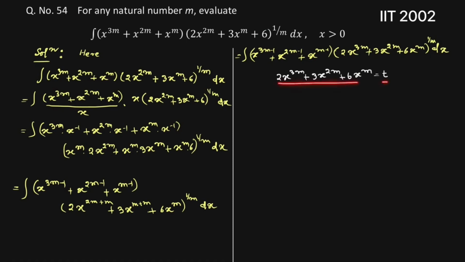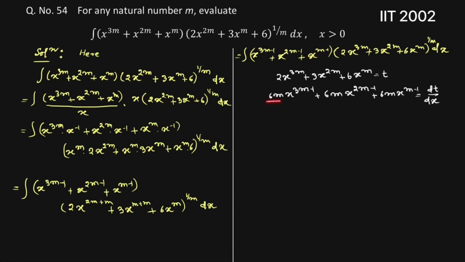Differentiating both sides with respect to x, then we will get 6m x to power 3m minus 1 plus 6m x to power 2m minus 1 plus 6m x to power m minus 1 equal to dt by dx.